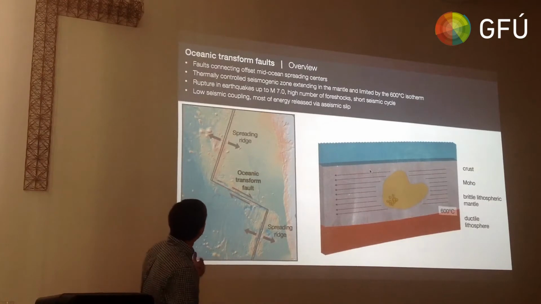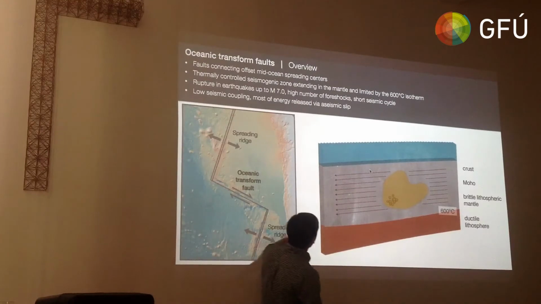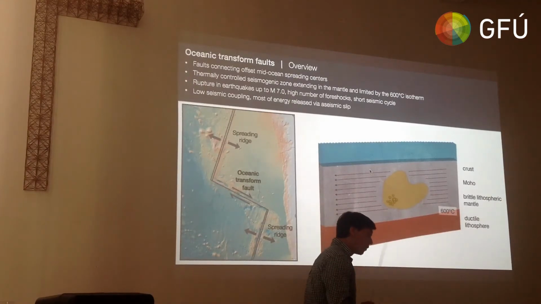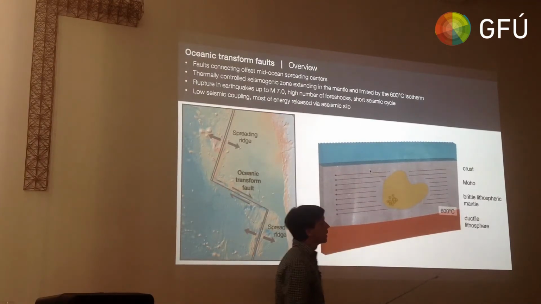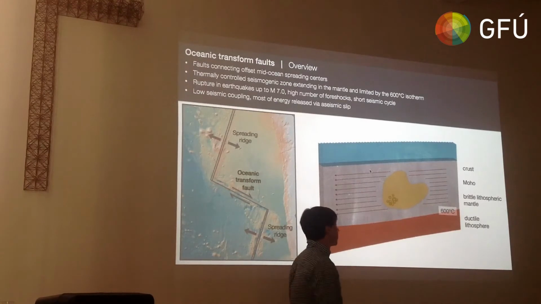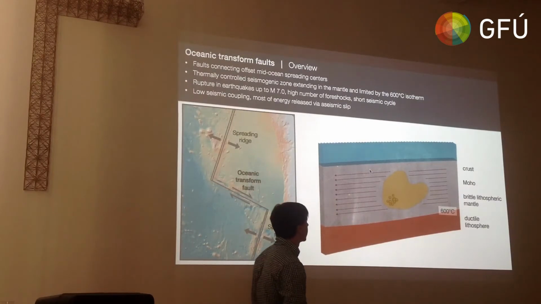And also, in general, oceanic transfer faults have really low seismic coupling, meaning that although I've said that this is the brittle part, not all the energy is released in a seismic manner. Globally, only about 15% is released during earthquakes, and 85% is released during some kind of slow slip motion or creep or something like that.